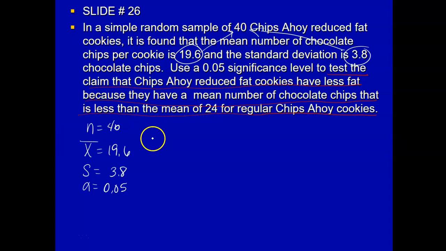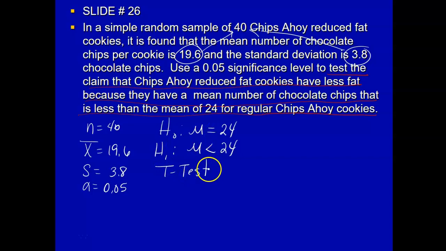So this is actually one of those first hypothesis tests that we looked at. My mean, I'm going to be comparing that to 24. And the alternative is that they have less than that because they're reduced fat. Okay, so this would be a t-test if I was going to do it on the calculator.